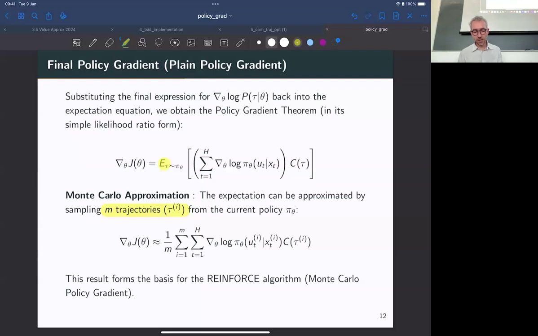So instead of having this expectation here, you have a summation over all the trajectories, and then you take the average value by dividing by M. This is a Monte Carlo approximation of an expectation. It's extremely simple. And that's the same thing we did when we wanted to do policy evaluation. We could do it with the Monte Carlo method. Well, that's exactly the same idea.